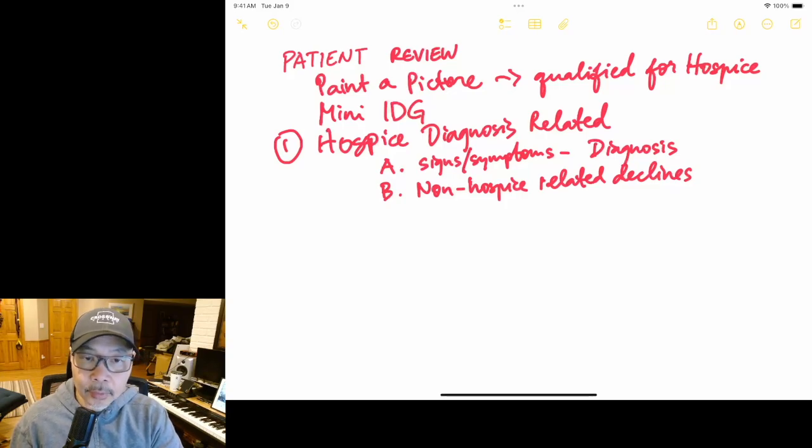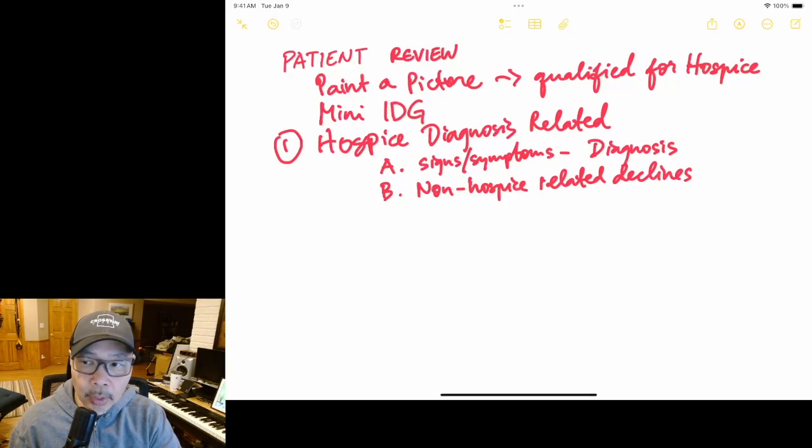And then you can go to, and I'm referring to the nurses, a non-hospice decline. So for example, I would say, okay, we have a patient on for heart failure. Recently, he's had no significant changes in his edema, and he's not requiring oxygen.